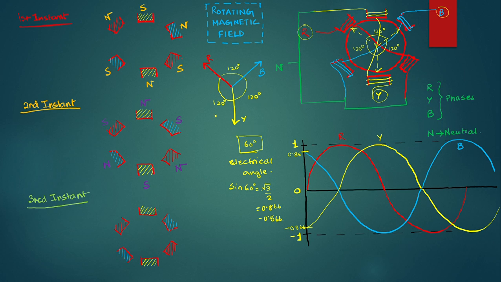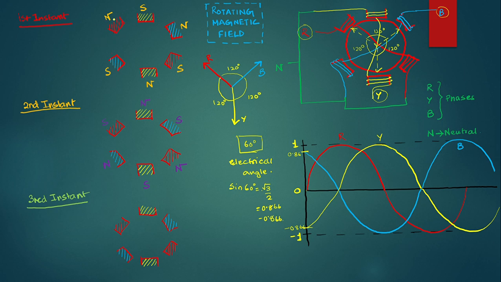Now, let's take the R phase first. In the first instant, the R phase goes to the positive half cycle. So the R phase, from where it starts, will produce a north pole in this pole.